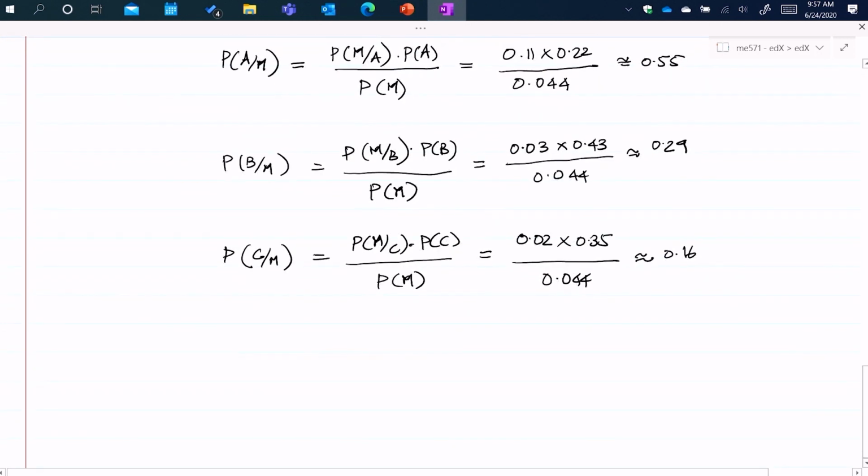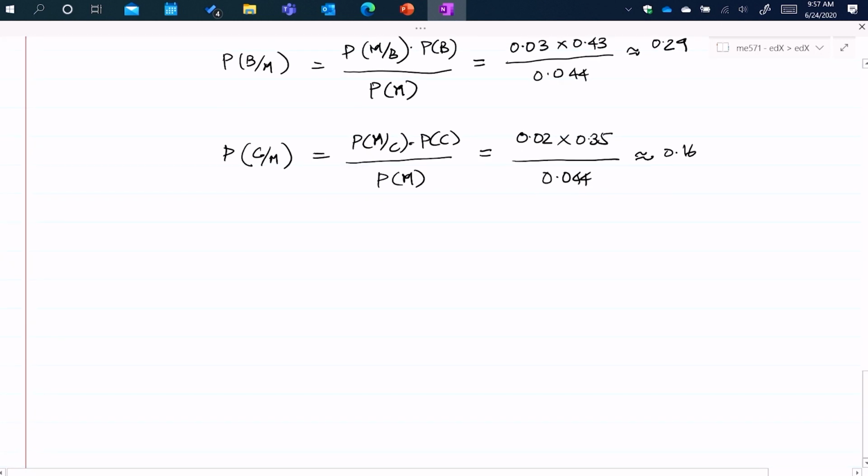So if we find a flawed part, there's a 55% probability that it was made by a member of group A, a 29% probability that it was made by a member of group B, and a 16% probability that it was made by a member of group C.